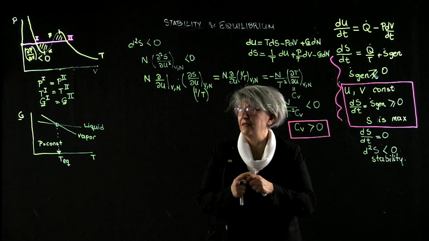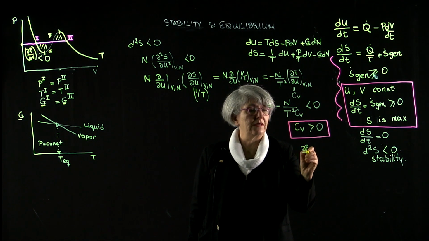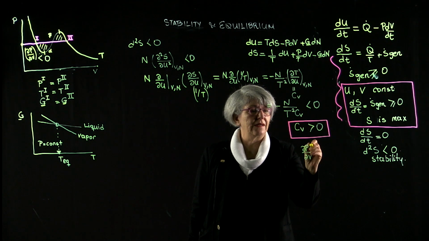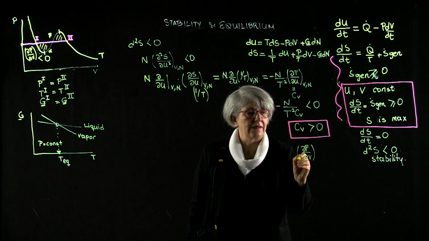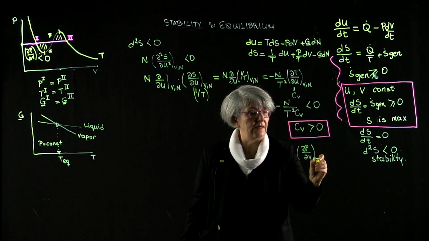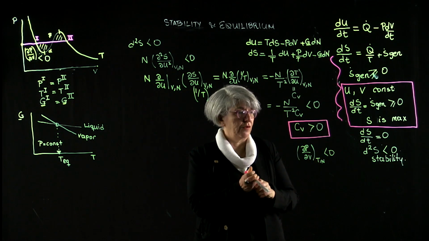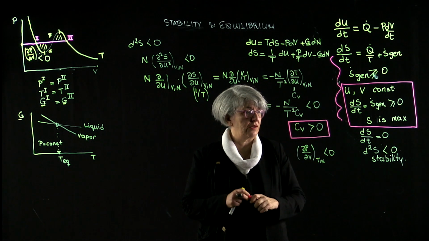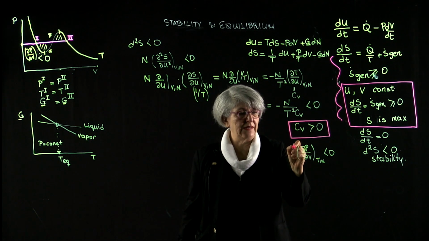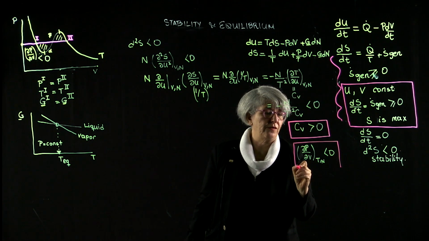One is this. The other one is del P over del V at constant T and N. It's going to be less than 0. They're both coming from d squared S being less than 0. And I strongly recommend going through the algebra.